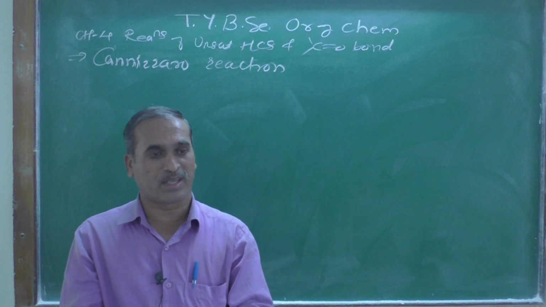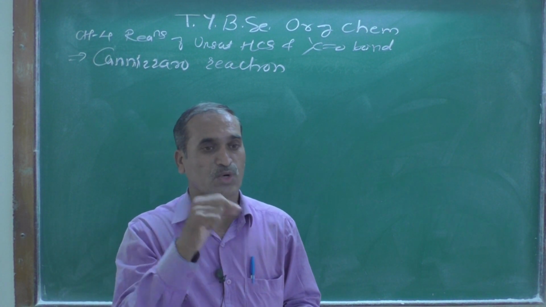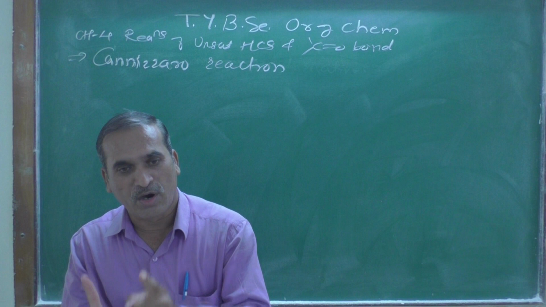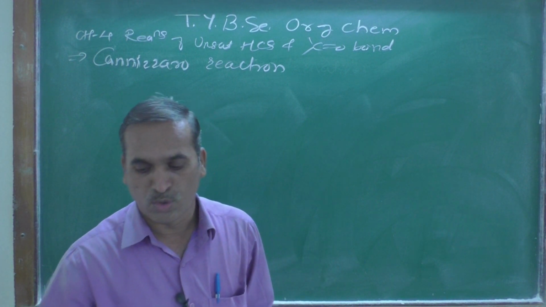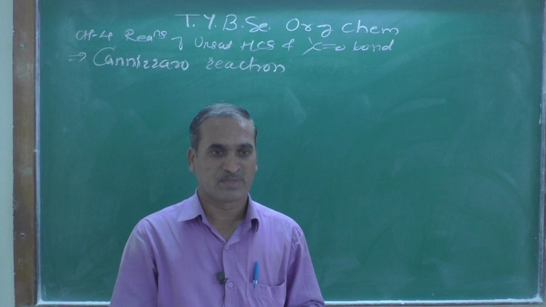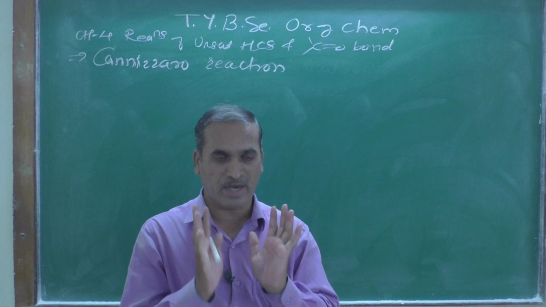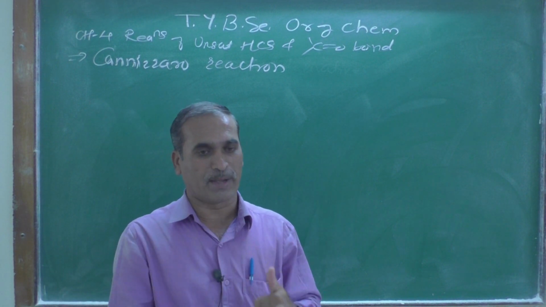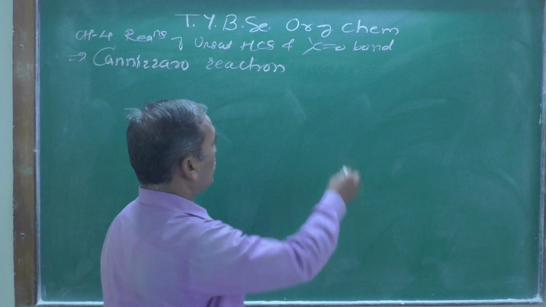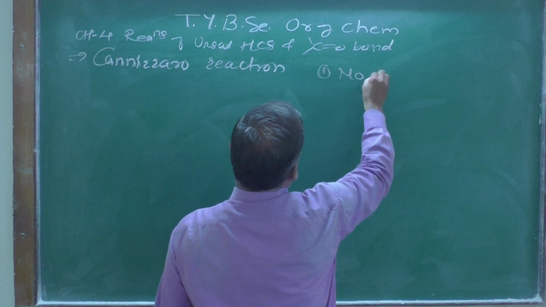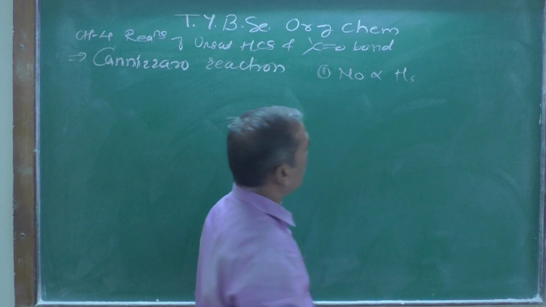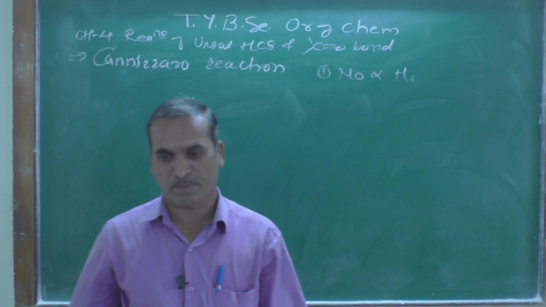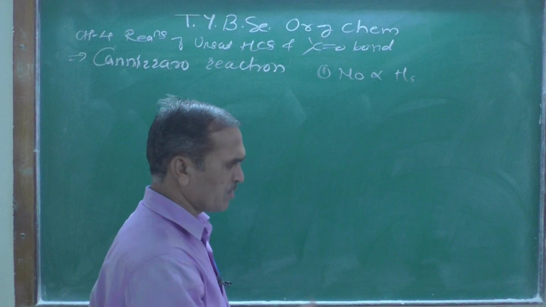Remember, the first criterion for Canizzaro's reaction is no alpha hydrogen atom adjacent to the carbonyl group, right? What does that mean? We will see shortly. So the first criterion is no alpha hydrogen atoms; then the reaction takes place.